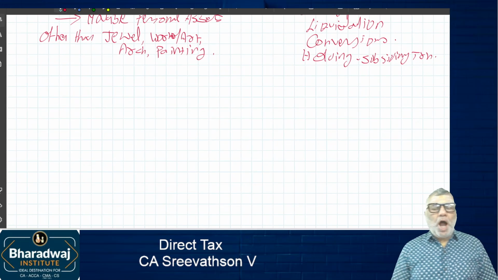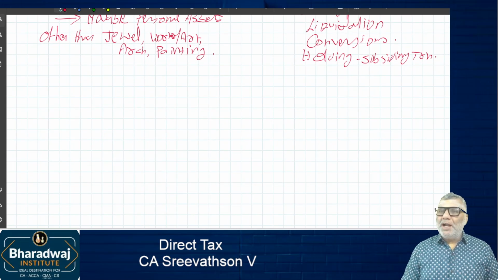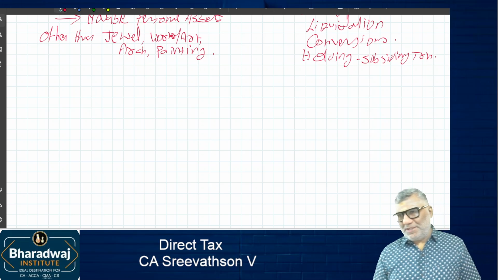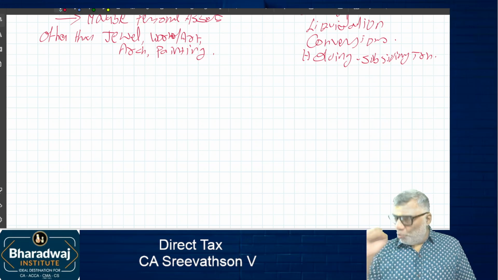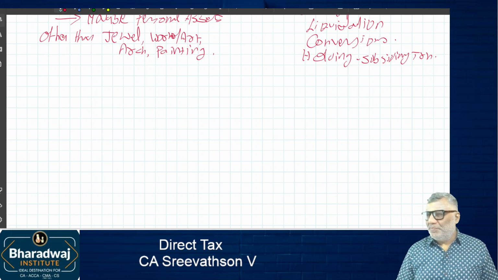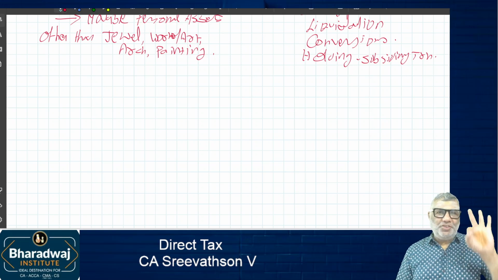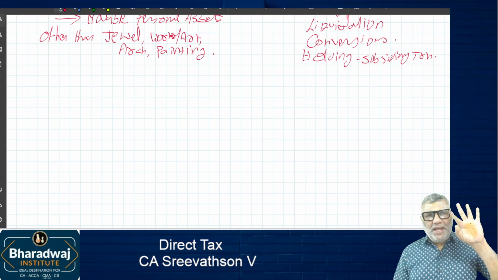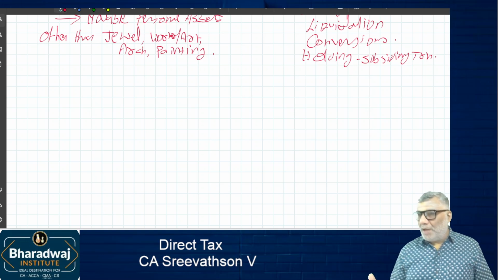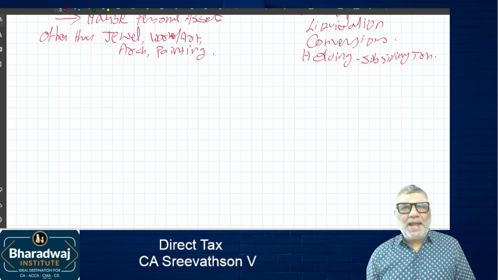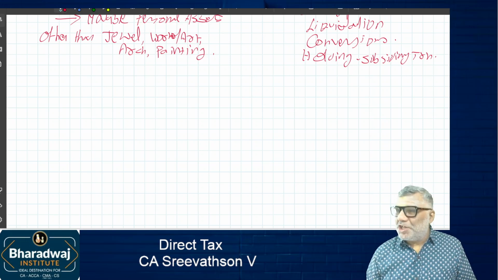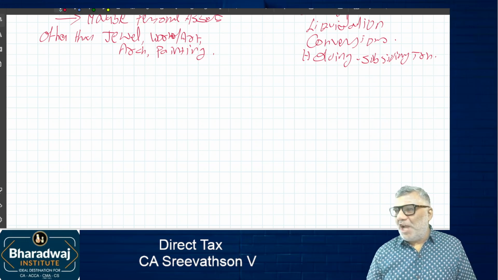Now, I am going to go for classification of capital assets. They are classified into STCG and LTCG. Why should I classify? Three reasons are there. One, mode of computation is different, because for an LTCG I will do indexation, whereas for an STCG I will not.